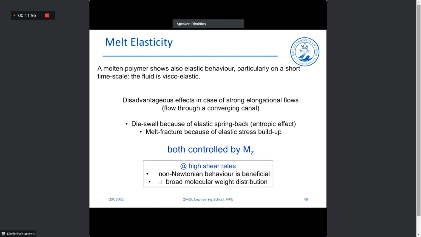And of course, as I told you, extrusion is not always very simple, and we can have some problems with extrusion because generally we cannot create very complex shapes by extruder. And another problem, though, is this phenomenon that we discussed already, what is called melt elasticity.